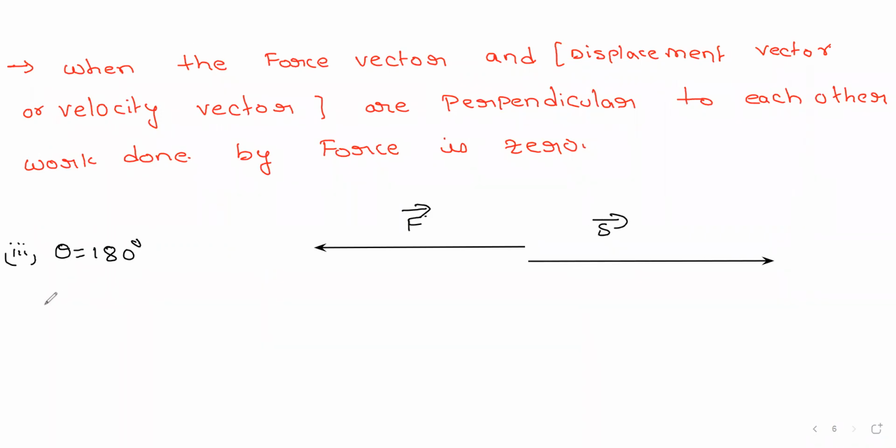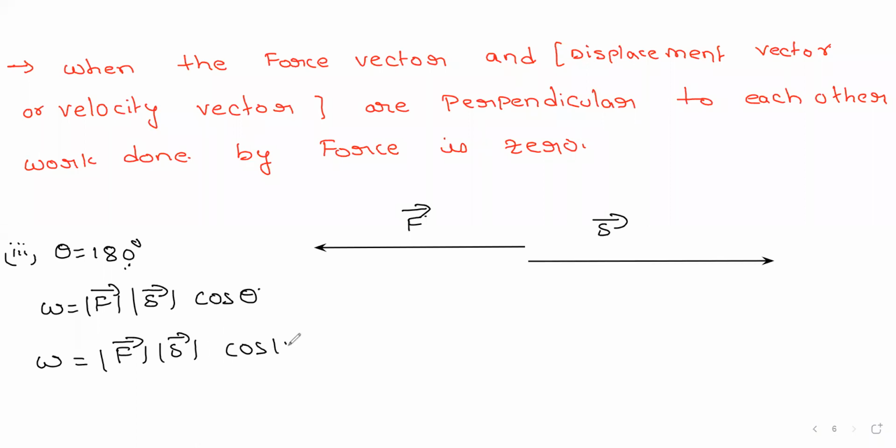So work done is equal to, we know that, mod f into mod s cos theta. If you substitute theta as 180 here, we get work done as cos 180 degrees. So what is cos 180? -1, sir. So we get work done as minus mod f into mod s, which is the minimum value.